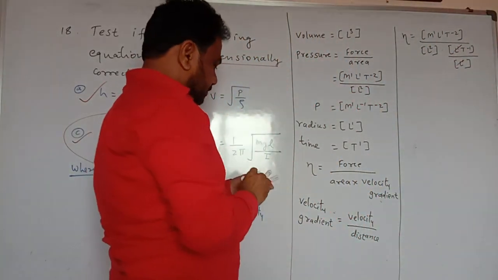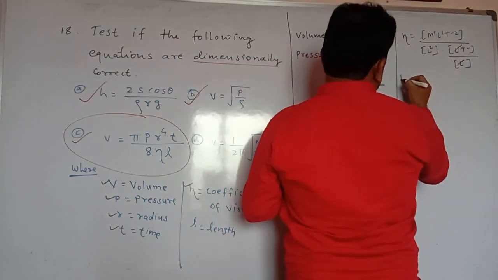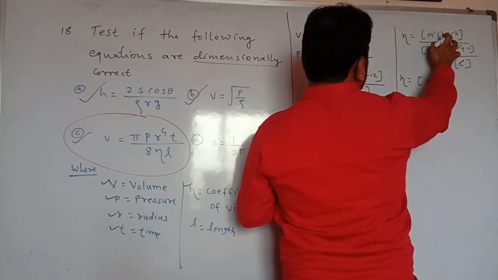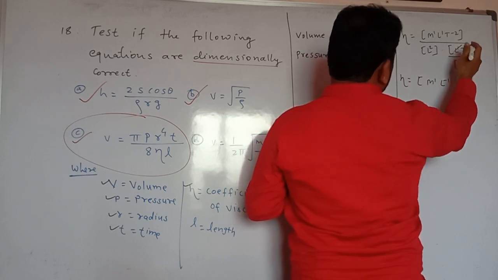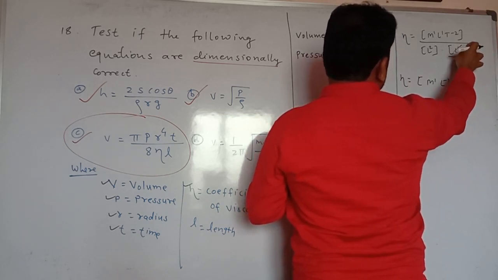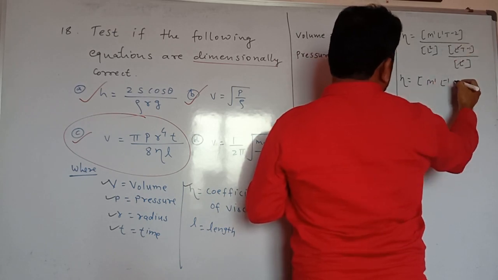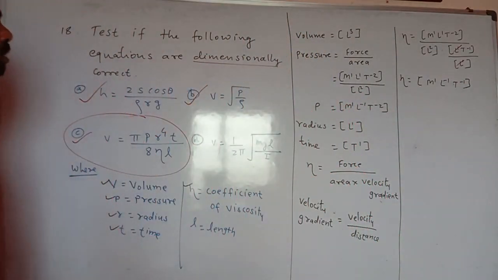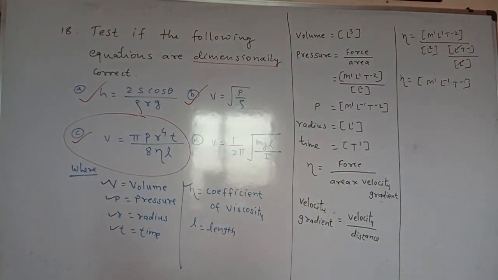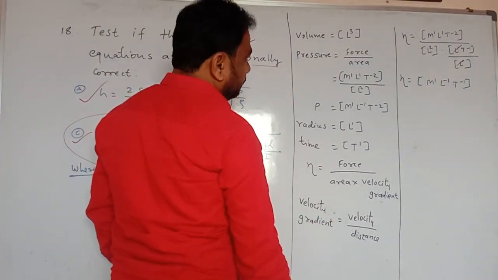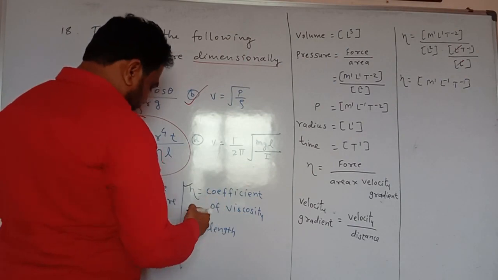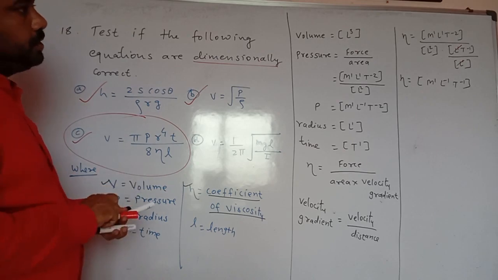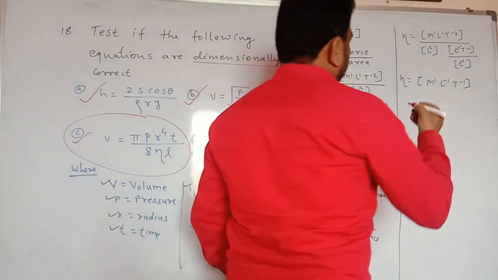The remaining terms: eta is equal to M1 as it is, this L2 becomes minus 2 in the denominator, so L minus 1, then T minus 2 plus 1, so it becomes T minus 1. So the dimension for eta, the coefficient of viscosity, is this.